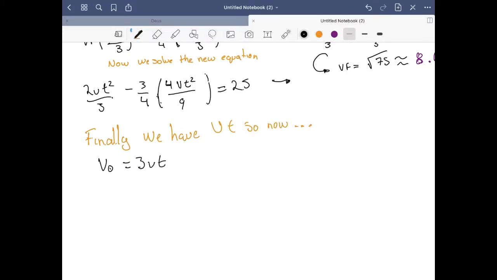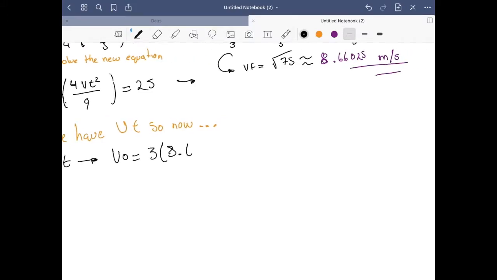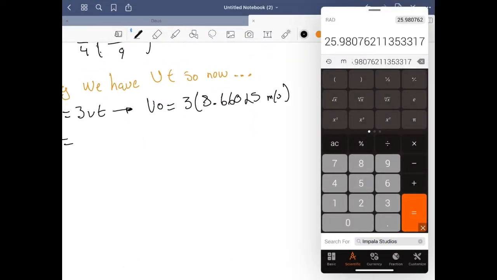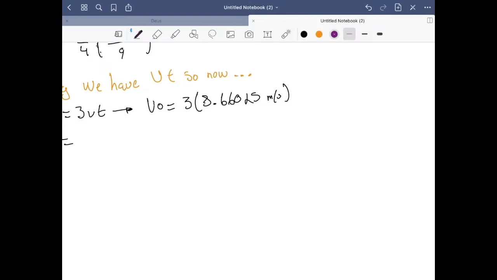So now I have the final velocity, and just doing a multiplication, I got that the initial velocity equals 26 meters per second.